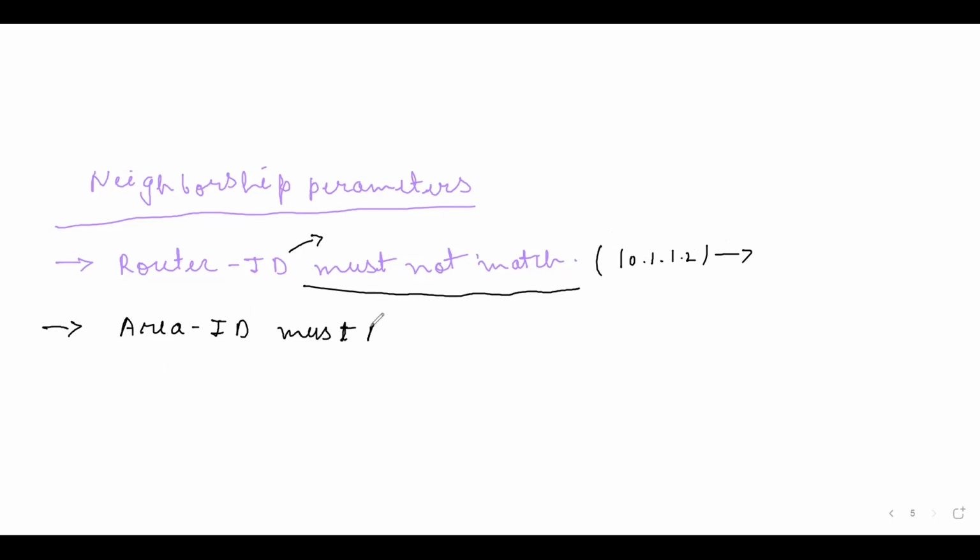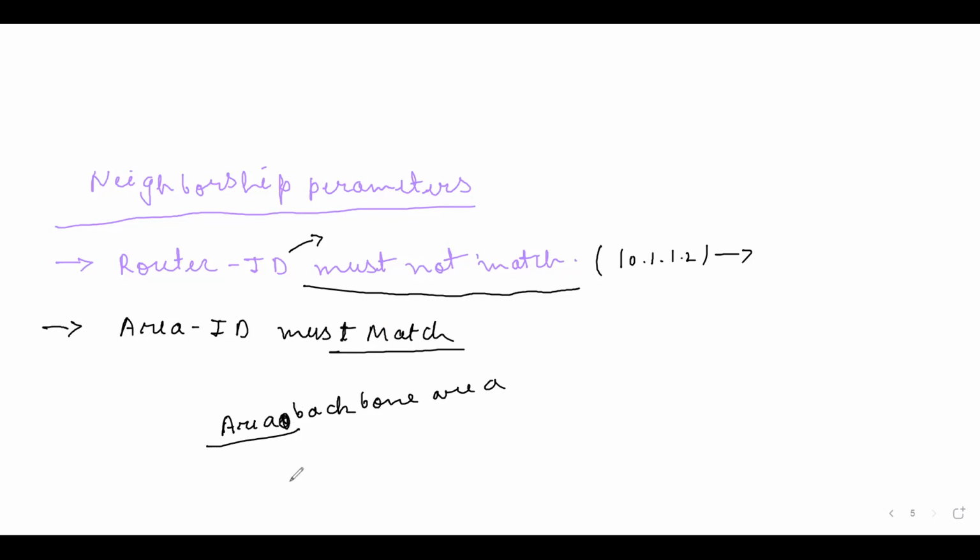Which one is the area ID? I will tell you now. Area ID means, basically, OSPF works on areas. Area 0 is your backbone area. It's your main area, the backbone area, area 0.